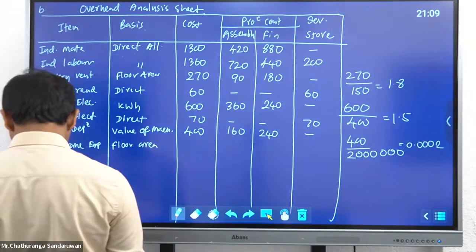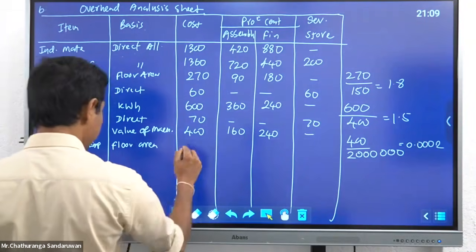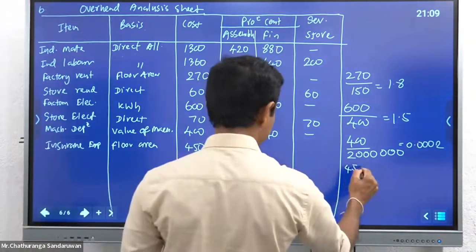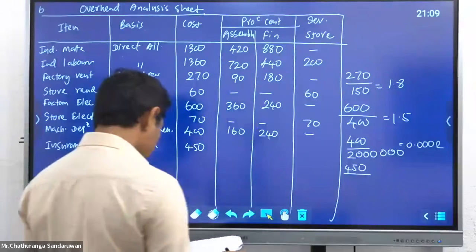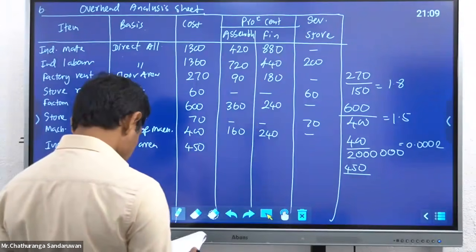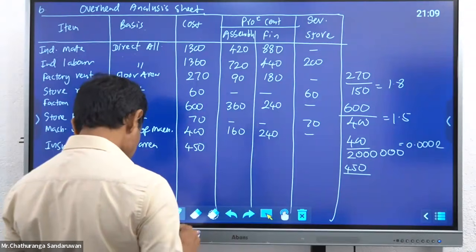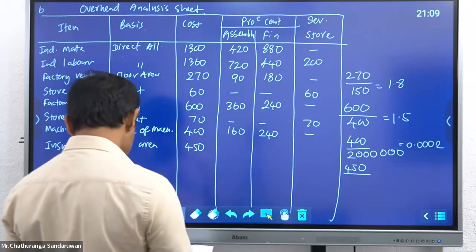Insurance expenses 450. Floor area total is 50, 150, 190.